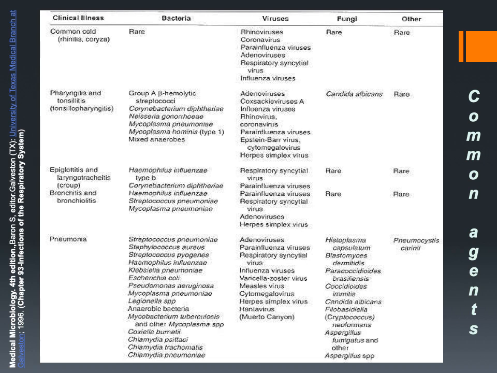Okay, fine. So here I've given you the common illnesses and the agents which are responsible for causing this type of infections. If you take the common cold, the most dominant agent responsible for giving you a cold or flu is the influenza type virus, and next might be rhinovirus or adenovirus, and almost 10% are coronavirus.